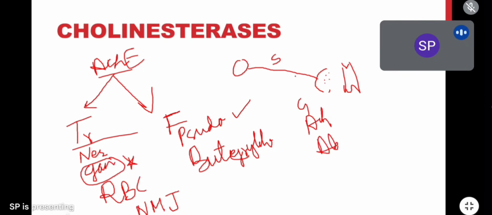So if the somatic nerve here is releasing acetylcholine, at this site it should be metabolized, no? To metabolize it in this neuromuscular junction also, we need the cholinesterase enzyme. So true cholinesterase enzyme is present in nerve, in ganglia, in RBC, in the neuromuscular junction, and in all parasympathetic nerves. All parasympathetic nerves. Clear? Yes, Prajwal.